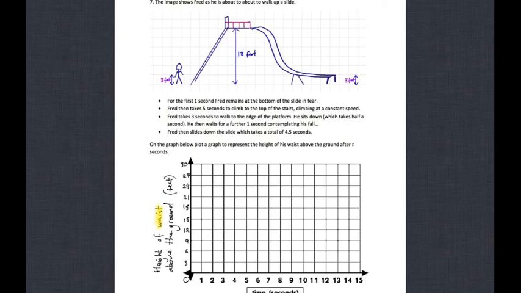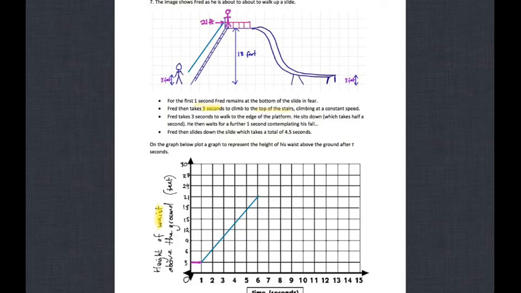So he waits at the bottom for 1 second, and so we draw that little line in there. Fred then takes 5 seconds to walk up the stairs. Well, he starts with his waist at 3 feet, and he ends with his waist at 21 feet, because if you were to draw him there, his waist would be 21 feet above the ground. So we could draw a nice straight line because we know he walks at a constant speed.